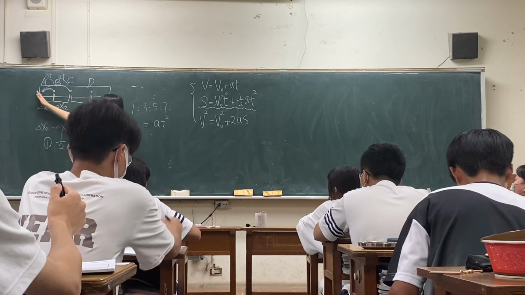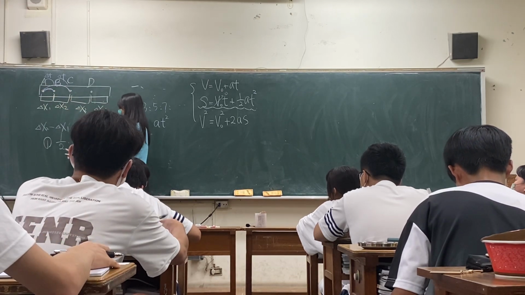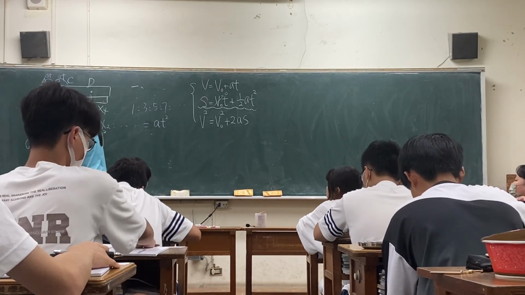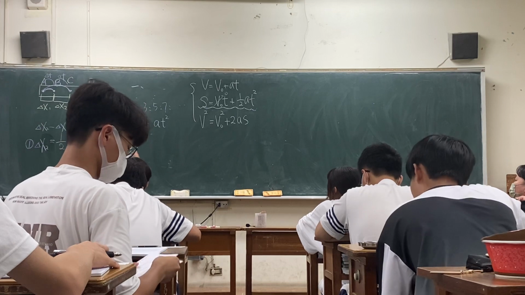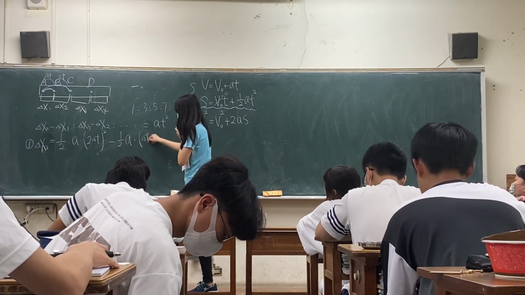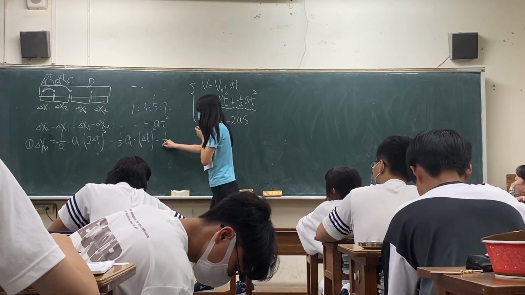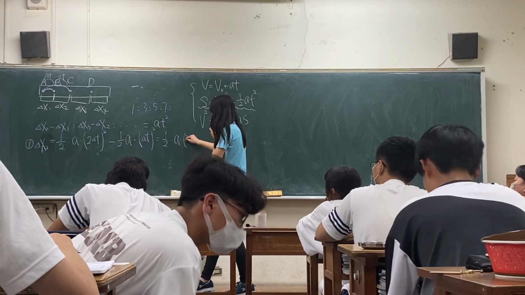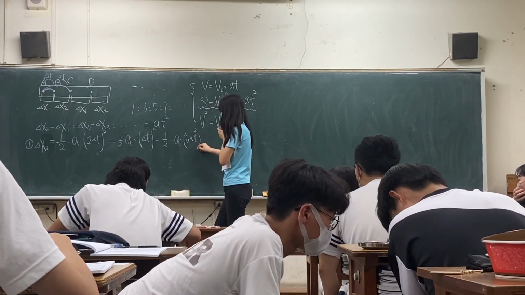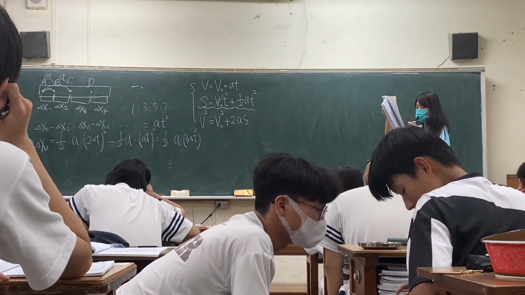And the total displacement minus the first displacement equals to delta x2. Minus 1 over 2 A T squared. So what do you get? 1 over 2 A 3T squared. Right? This is the delta x2.